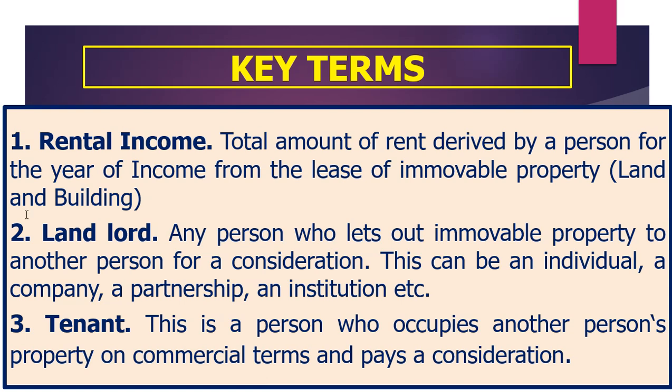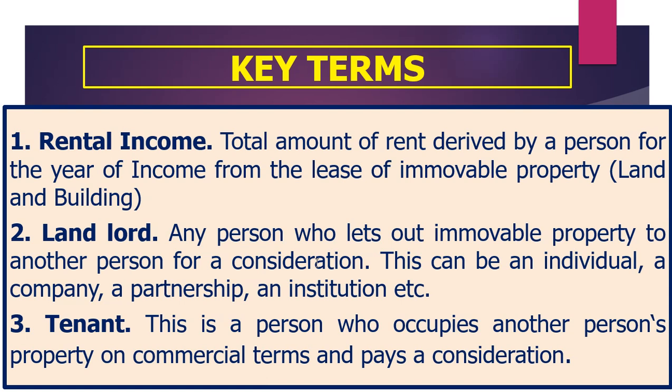Two, the landlord. The landlord is the person who rents out immovable property to another person. And when you talk of a person, the person can be an individual. In the last video, we talked about individuals. The person can be a company. A registered company by law is an official person.